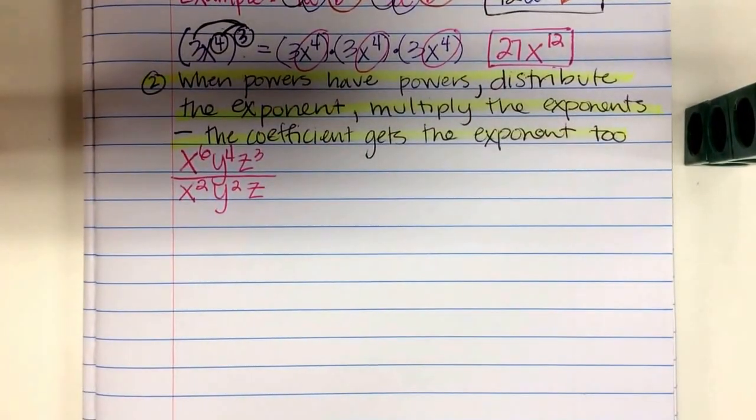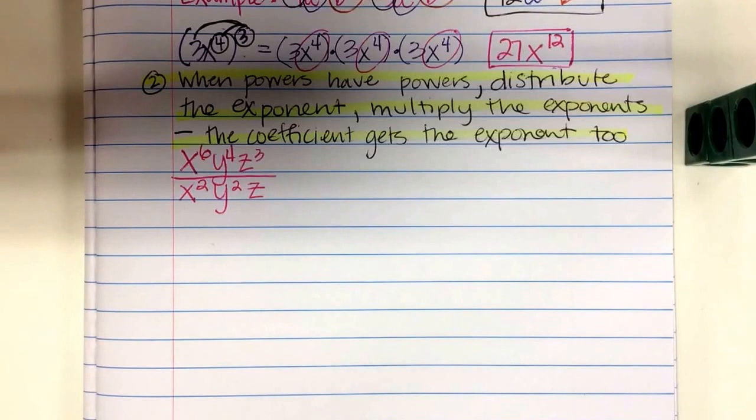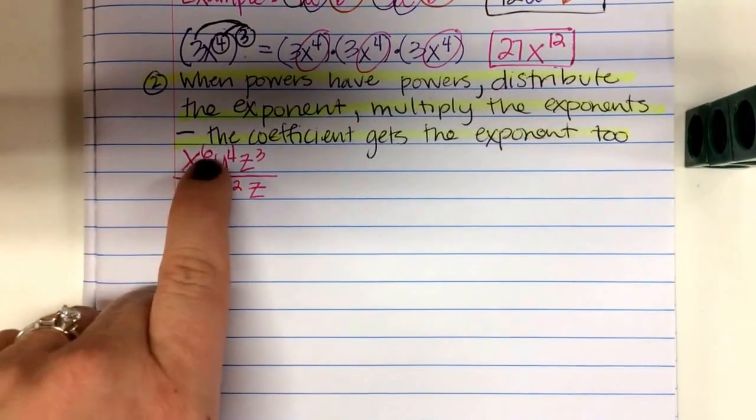This is a division problem. It's new and different. Do we have any rules about division written down? Not yet. So when in doubt, write it out. How do you write x to the 6th out?